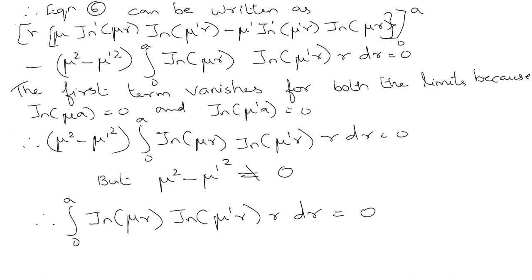Then mu square minus mu dash square will not be equal to 0. So in order to satisfy this equation, the only possibility is integral 0 to a Jn of mu r into Jn of mu dash r into r dr is equal to 0, which is the orthogonal property of the Bessel's function. Thank you.